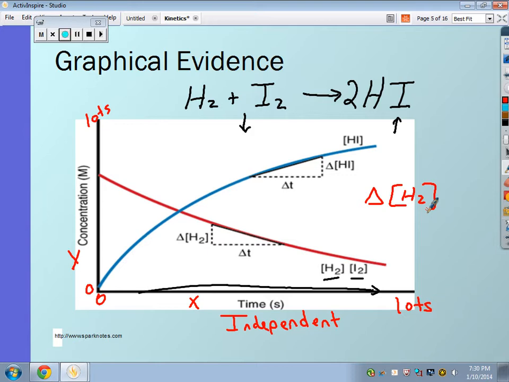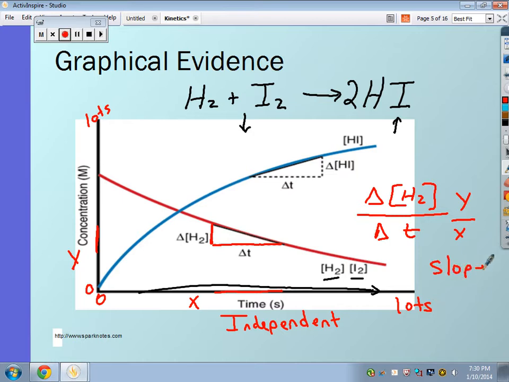These are going away. So this is my y-axis, isn't it? And what's my x-axis? That's time. So if you look, this dotted line right here, this is my rise, my y-axis, and this is my run, my x-axis. What do we call that?